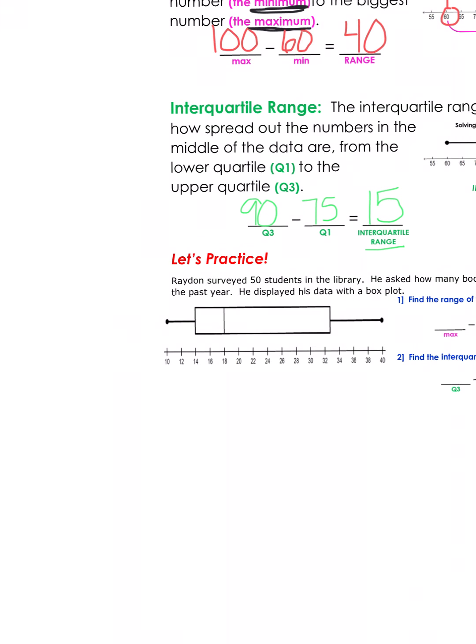Here's my minimum, and my minimum number is 10. And I'm going to find my maximum, which is my biggest number, and my biggest number is 40.